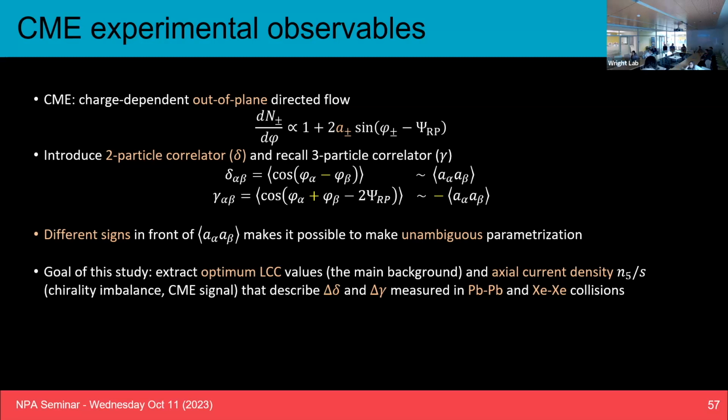This different sign is essential because it makes it possible to make an unambiguous parameterization to extract the optimum level of the background and the signal. The point of this study is to get the optimum value of the LCC and chirality imbalance, and use it to describe the correlator.